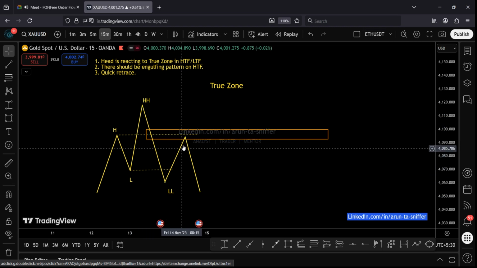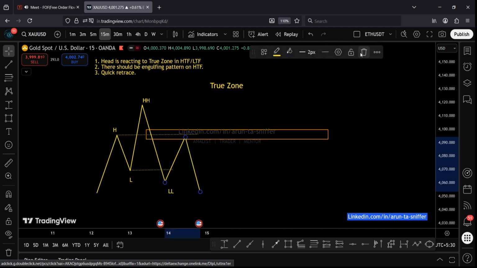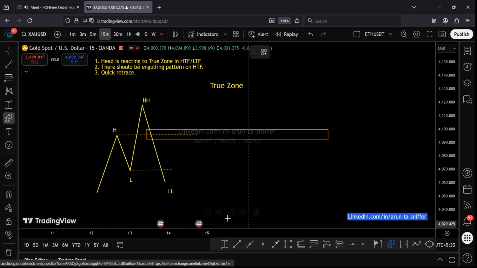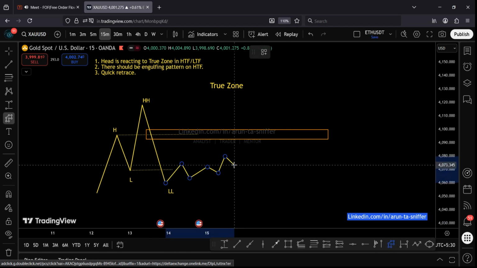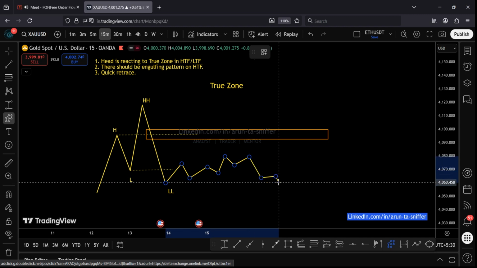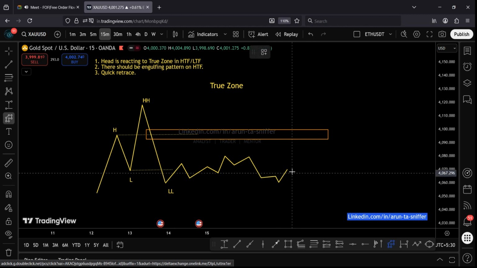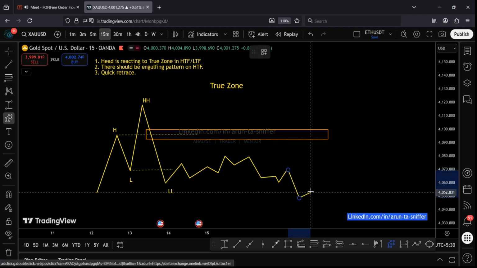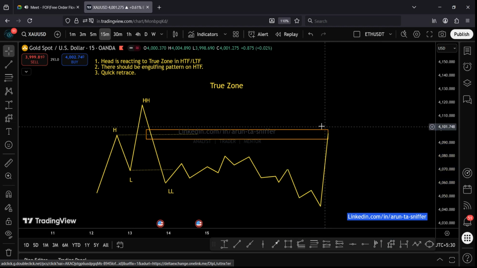And price, instead of going quickly here, takes time in going there. Price does something like this, like this, like this, and like this. It may do like this as well, then go back to the QM level, right?